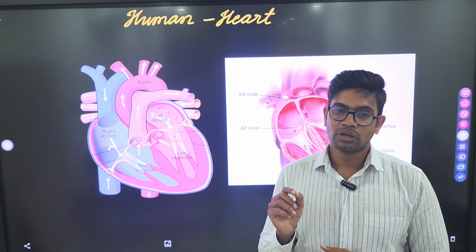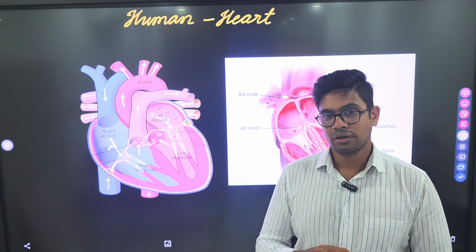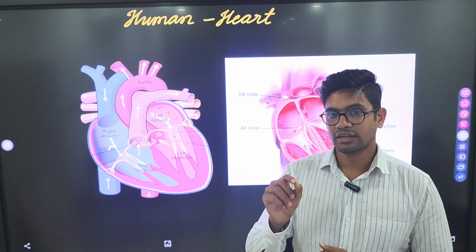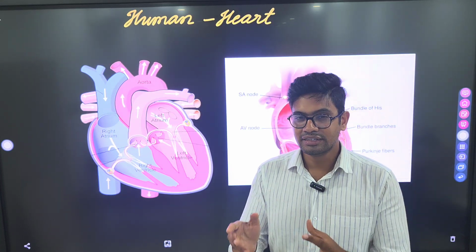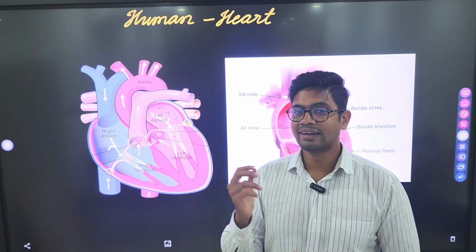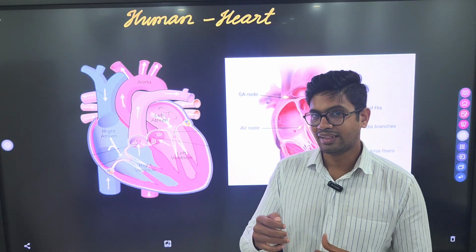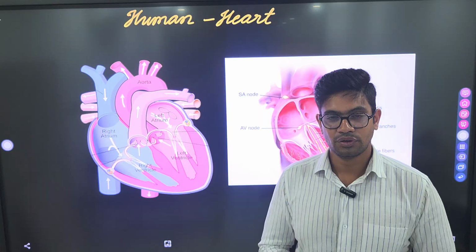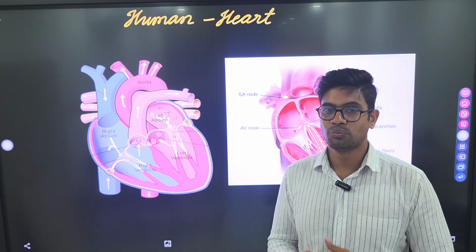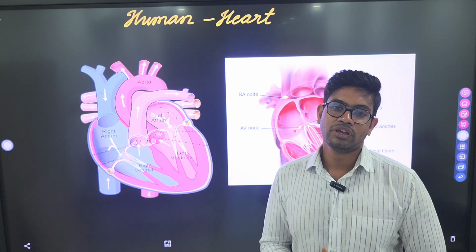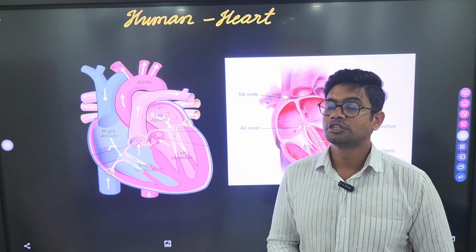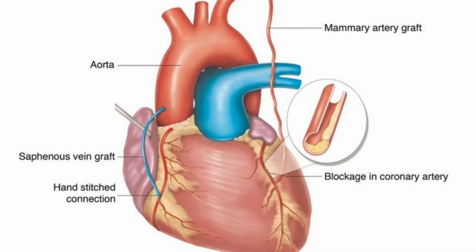So the blockage is opened, the balloon is inflated, and it places the stent there. Once the stent is in place, the catheter is pulled back. So this is one way, called angioplasty. And in most severe cases, we have to go for an open surgery, which is also called bypass surgery.